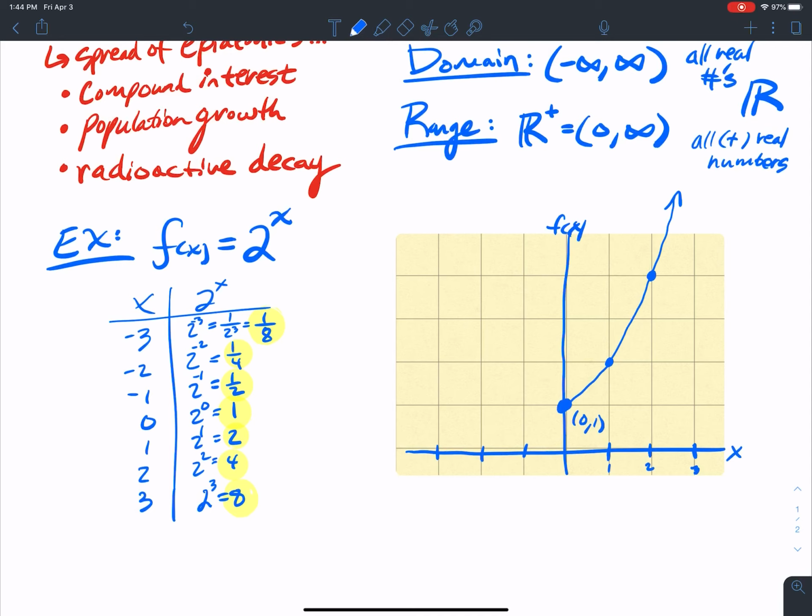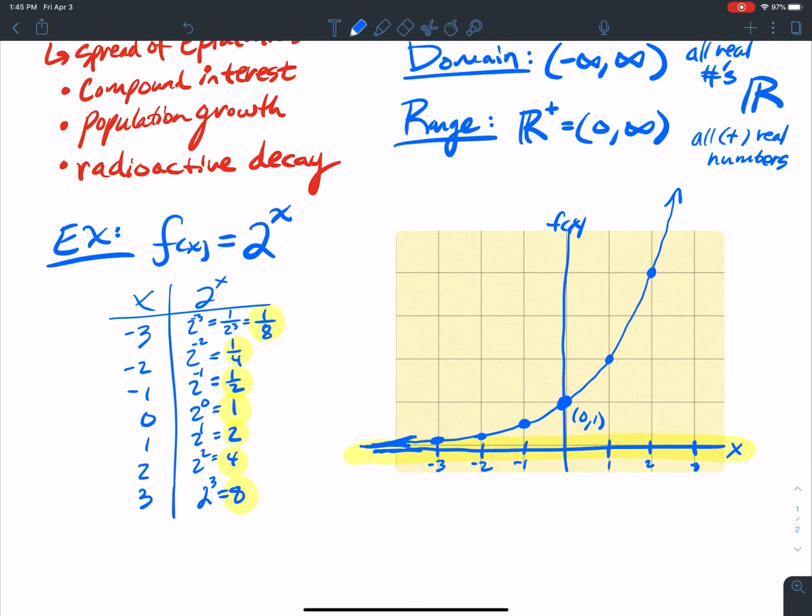Now, when x is negative 1, I get a half. When x is negative 2, I get a fourth. When x is negative 3, I get an eighth. And you can see it doesn't take long for this thing to get really, really close to the x-axis. So when you're talking about the domain, it's all x values.